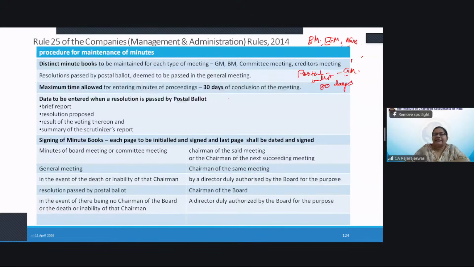Then, in case a resolution is passed by postal ballot, the minutes should also contain a brief report: what resolution was proposed and how it was passed, the result of the voting, votes cast in favor, votes cast against with the numbers, and the scrutinizer's report.